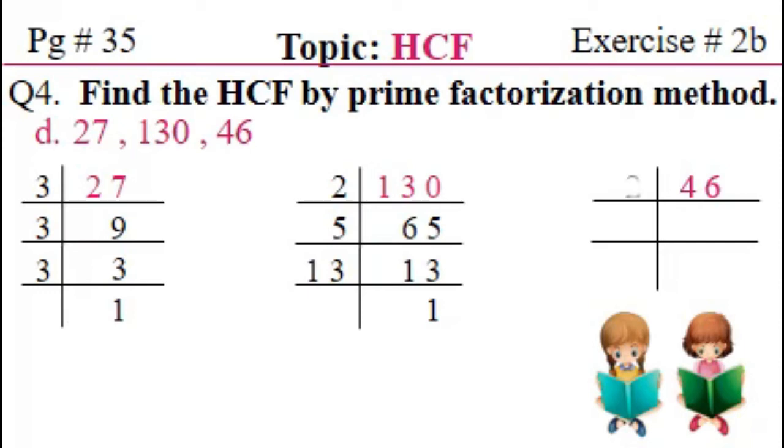So 2 times 2 is 4 and 2 times 3 is 6. Now the number we have got is 23. 23 is itself a prime number. Therefore, we can divide 23 by itself. 23 times 1 is 23.